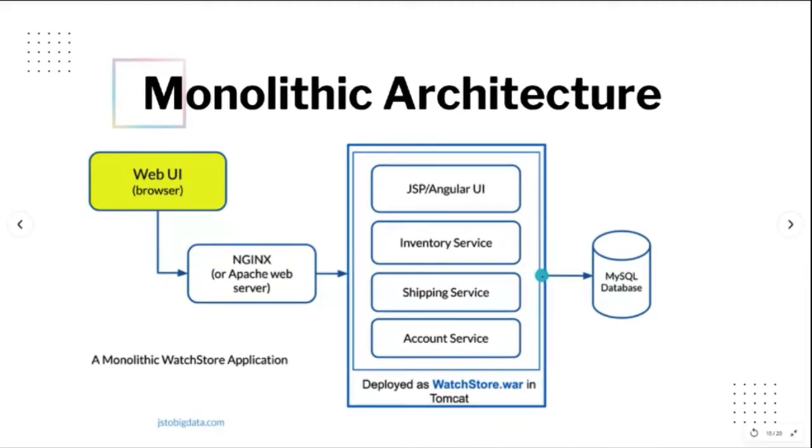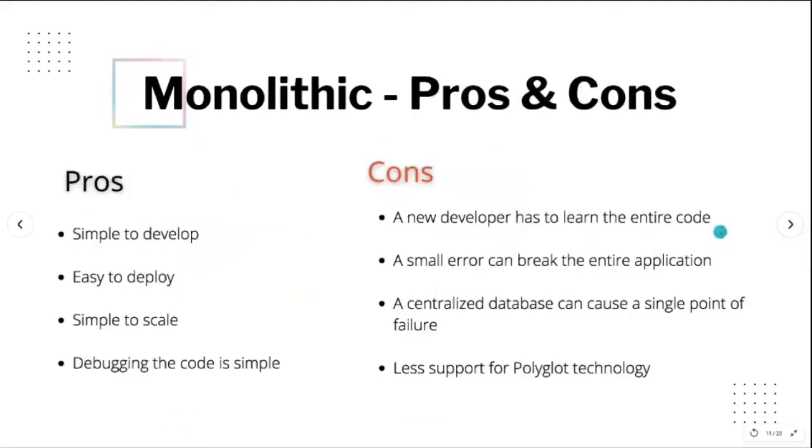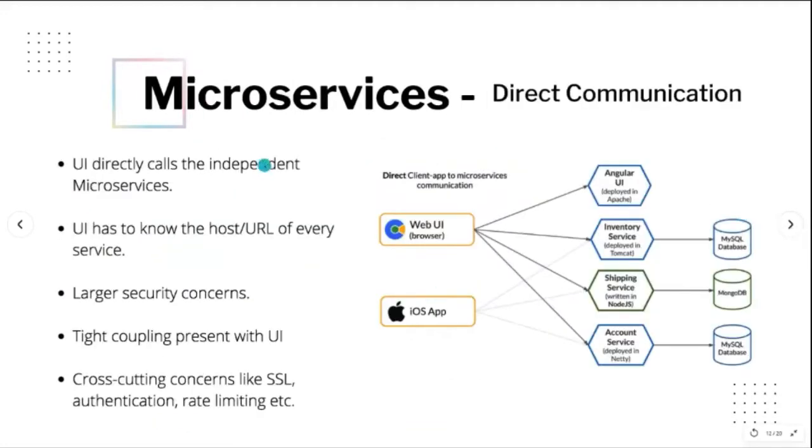In microservices, we deploy these services independently. I'll come to the pros and cons later. Each of these services can be deployed on independent servers. I can have some services written in Node.js, something deployed in Netty, something in Tomcat, and I can have the UI on some other server.